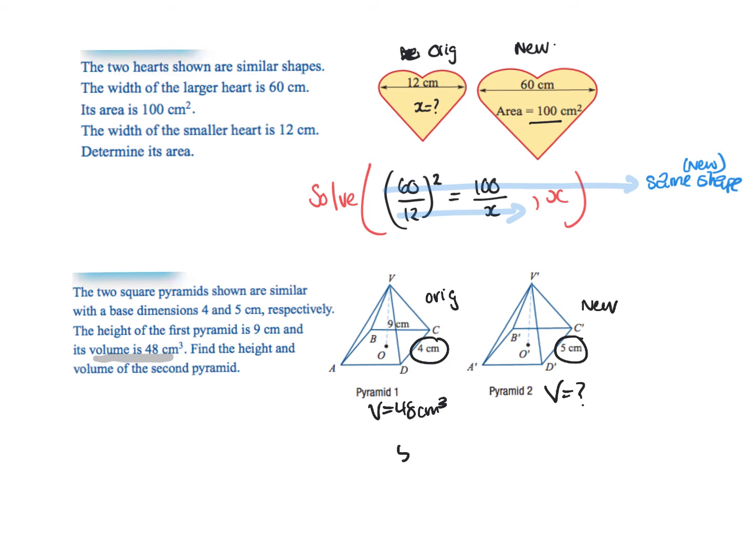So I'm going to say 5 over 4. Because it's volume, I'm going to cube it, equals the volume of this one, which I don't know, so I might call it V in this instance, over the smaller one's volume, which is 48. Then I can pop that in and do solve and comma V, and you would find it that way.